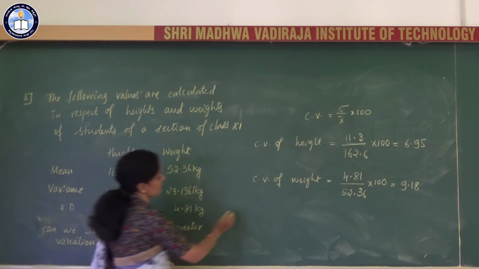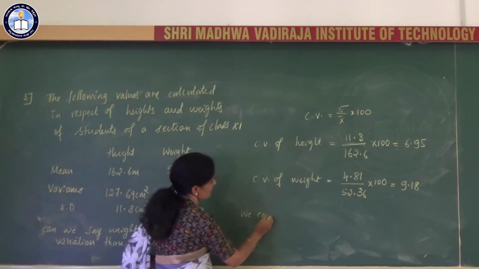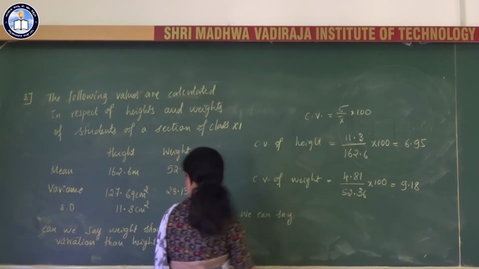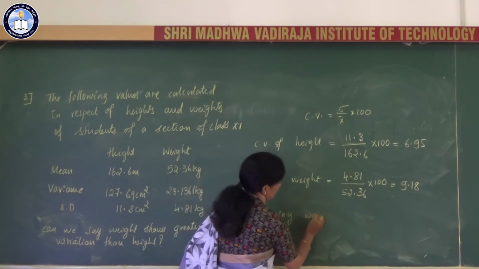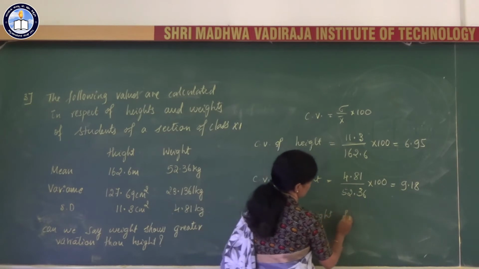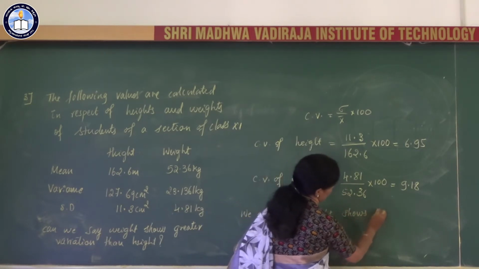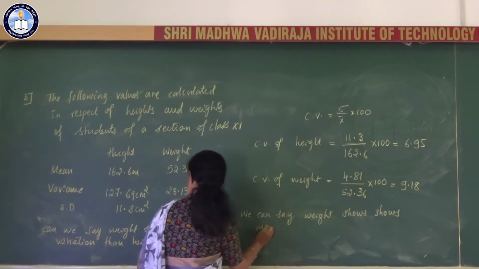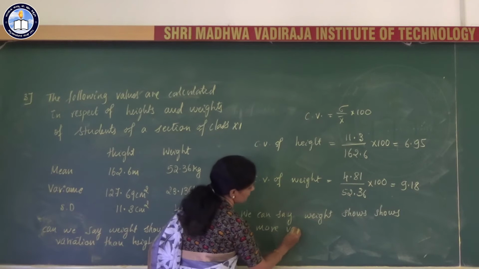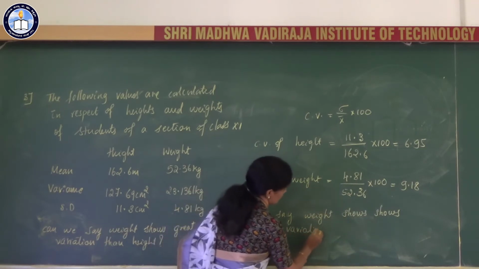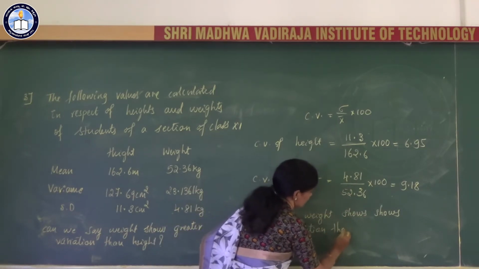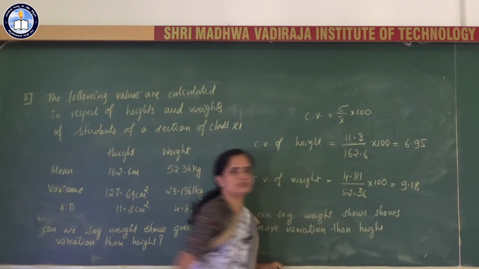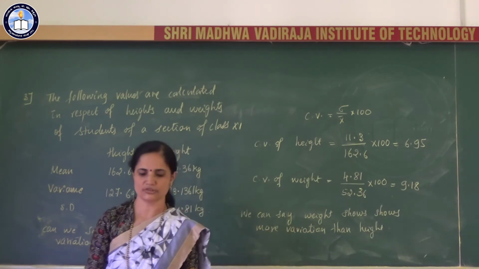So the answer is, we can say that weight shows more variation than height. So that's true. They have given one statement that is true. So this is the solution for this question.